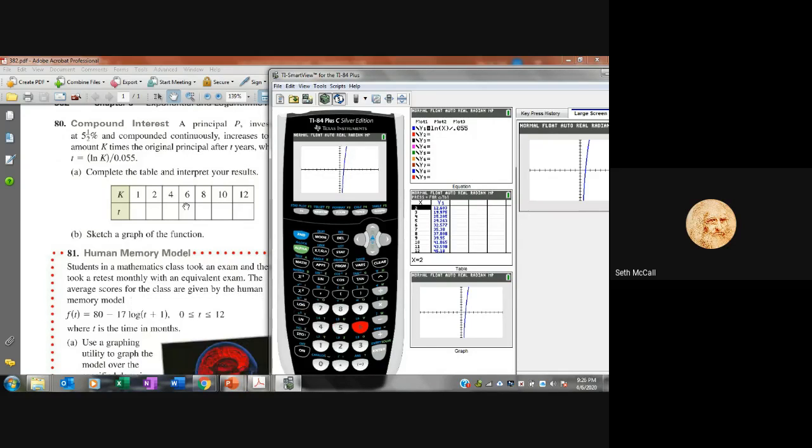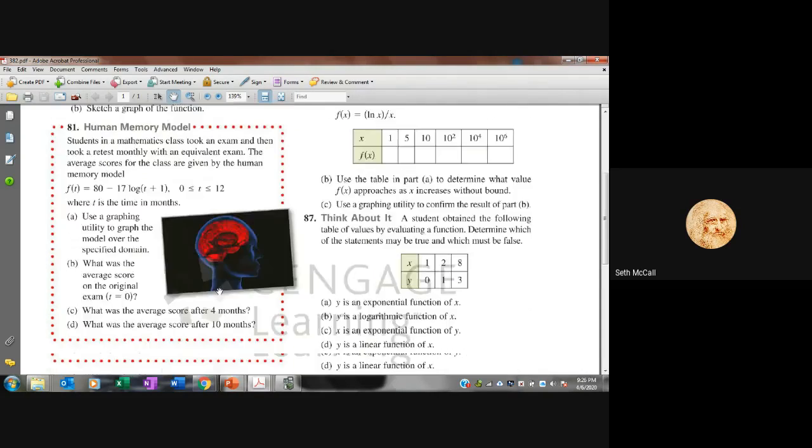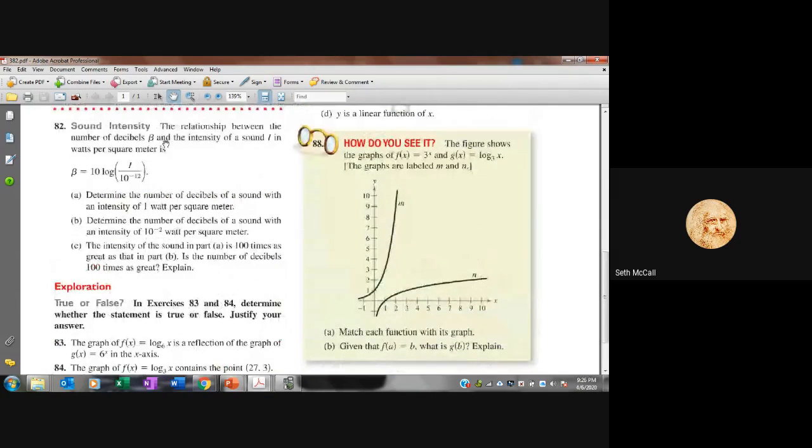The last one that I asked you to complete from this homework set was number 82. And this is a problem about sound intensity. Earlier in a lecture, I mentioned that logarithms are used in a couple different places, and I mentioned the Richter scale as well as the pH scale in chemistry. Another place that is used is in the intensity of sound, which is measured by decibels.